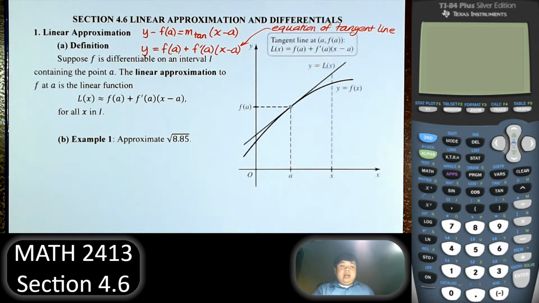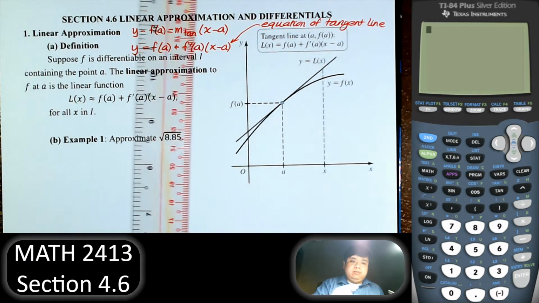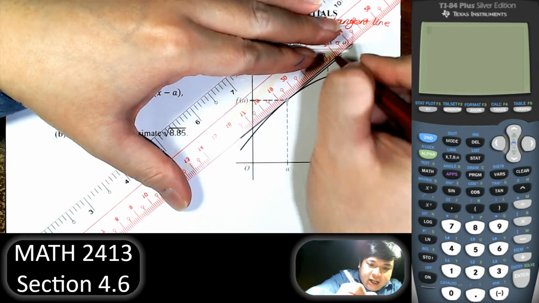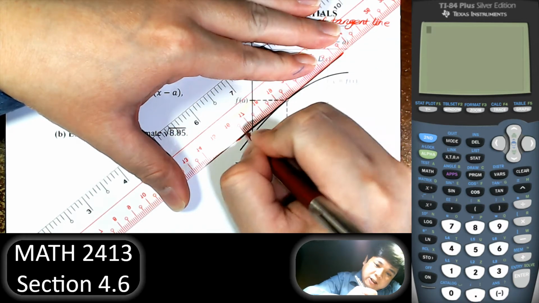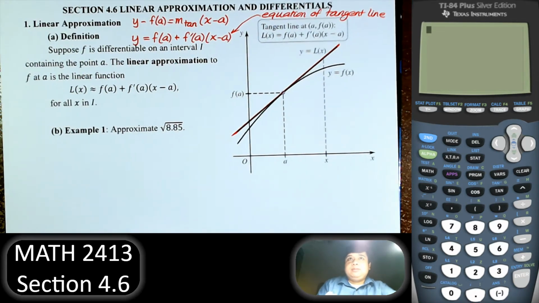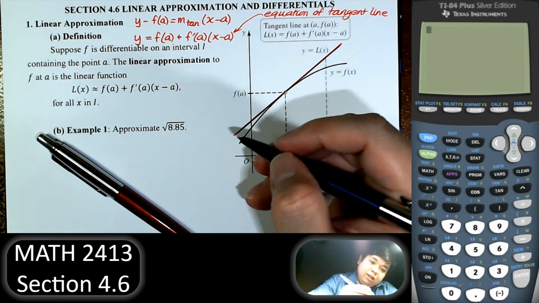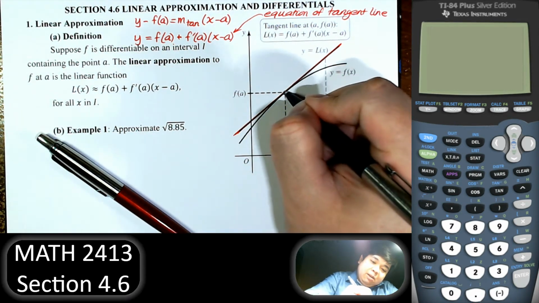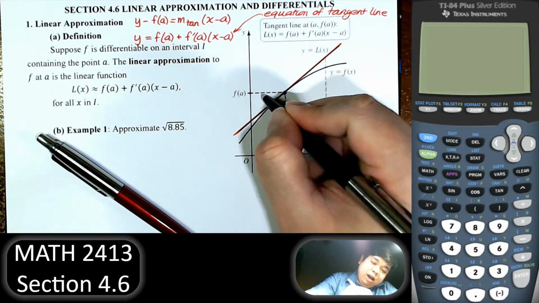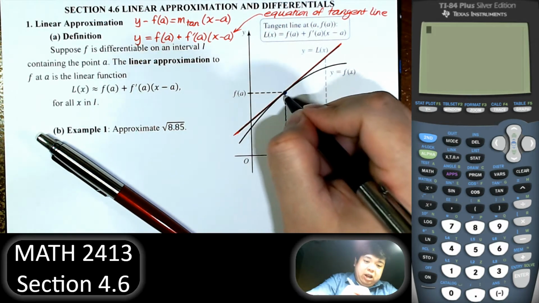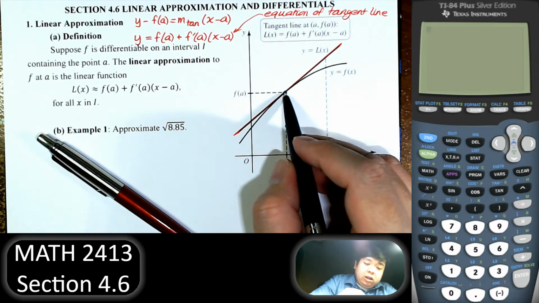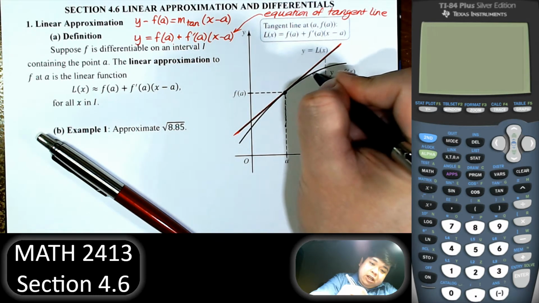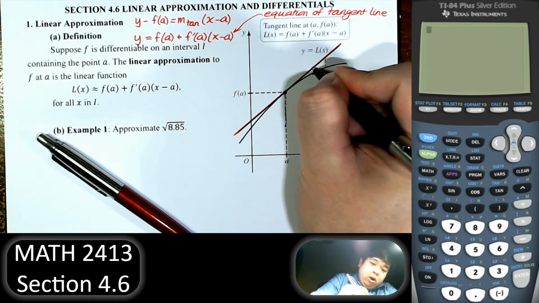So what we do now, we use the equation of a tangent line to approximate the values of the function. So let's say we have the function y equal to f of x, and we have a tangent line. Then at that point, the value a, we have f of a, so that's the point of tangency. Now close to that point, the value of the function is here, the value of the line is here.